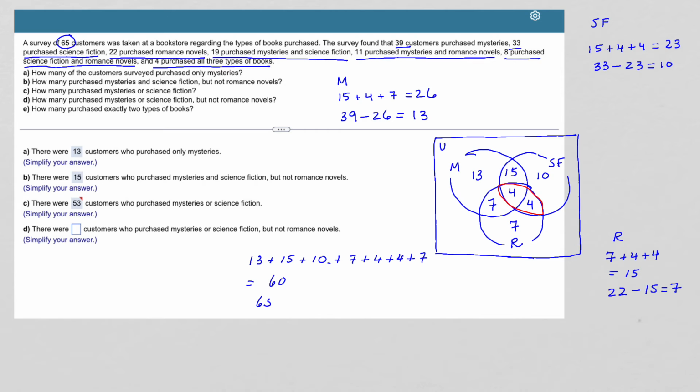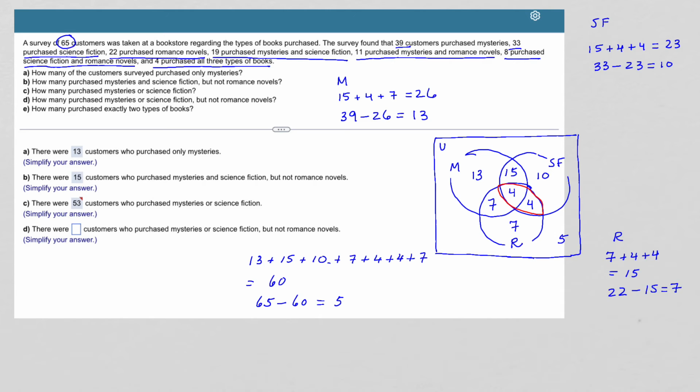So when I subtract that from the 65 customers, we get 5 who didn't purchase any of those. So that's what goes out in the universal set area that doesn't overlap with the other 3 sets.